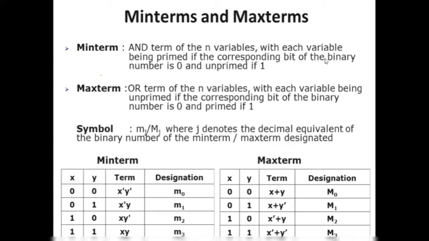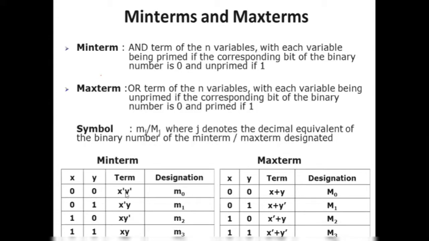However, if you have the binary number 0, then you have to take the prime, and it should be unprimed if it's 1. If it's 1, you can look at the second row. So y has the value 1, x has the value 0. So x is primed, y is not primed, because we have not taken the dash. It means not primed when the value is 1. You can see 1 and 1, both are not primed: xy.